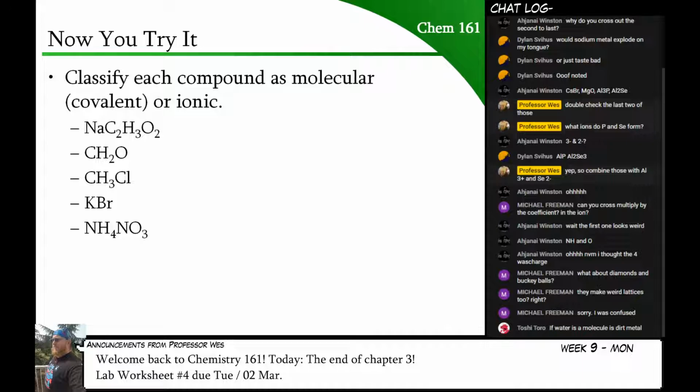All right, do we have the answers? Hint. All right, so for these, it's really just a matter of find the metals. So there's a metal, there's a metal. And then if you have ammonia, find that too. So these would be ionic.